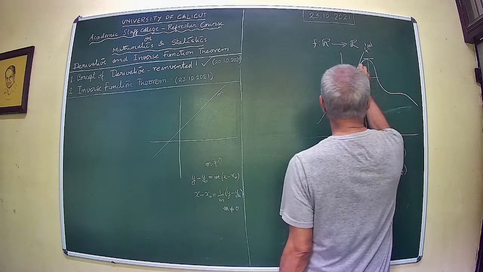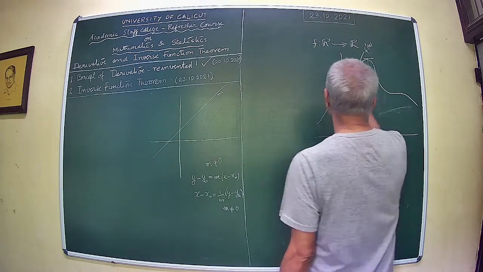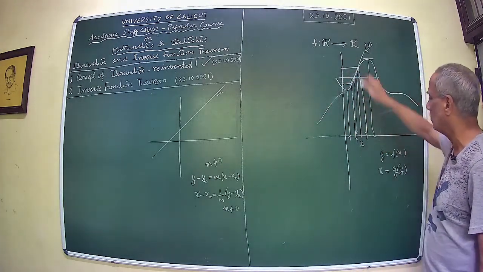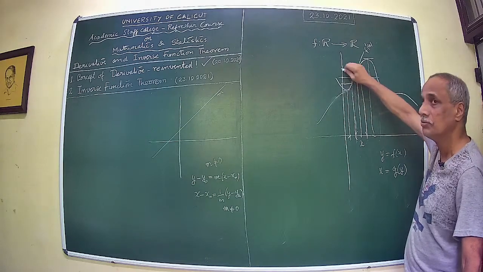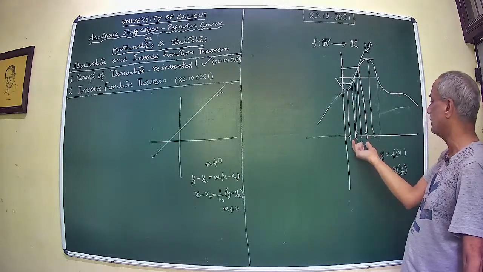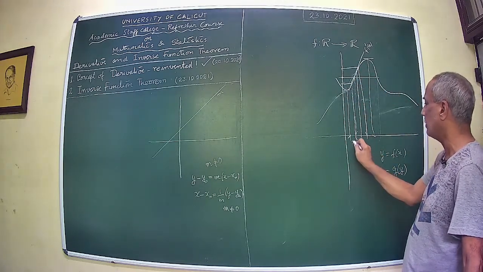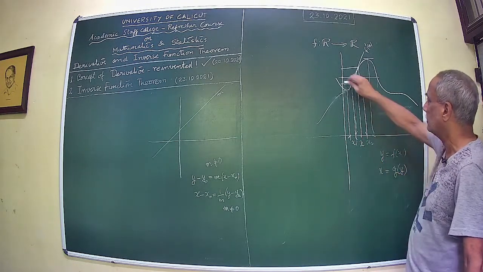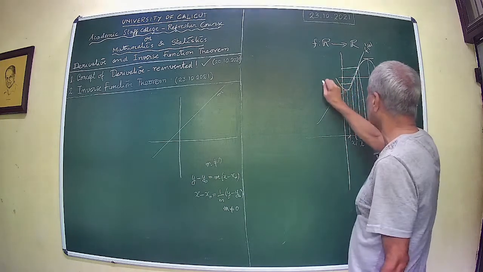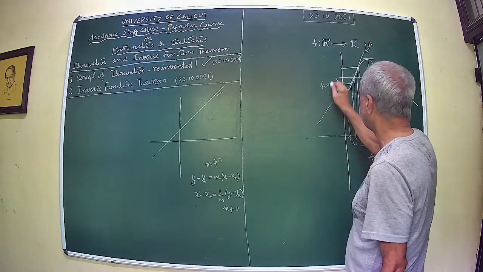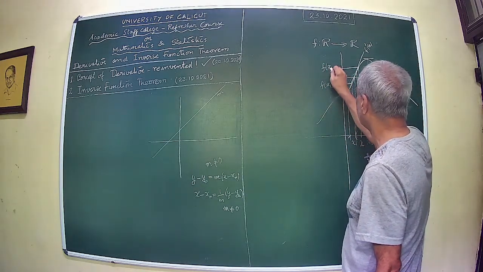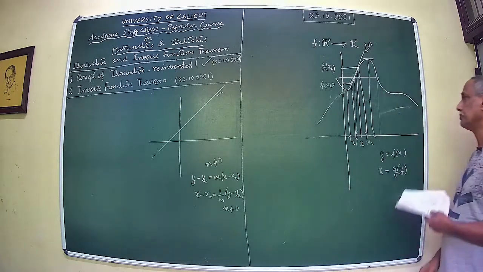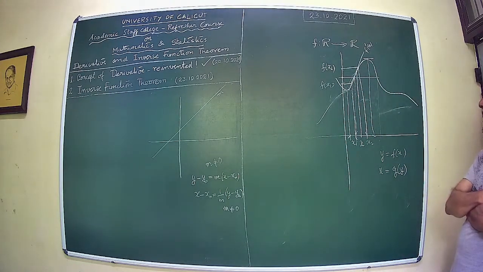Let us take this part. Then you have the image here. So this is the range of f when you restrict to the interval x1 to x2, that is f of x1 to f of x2, or y1 to y2.